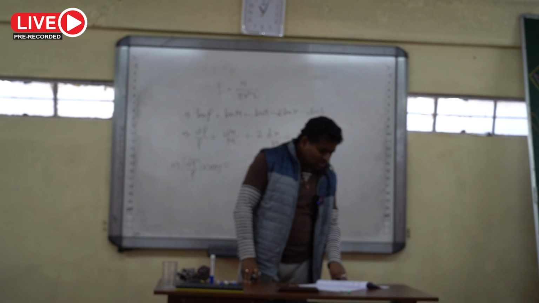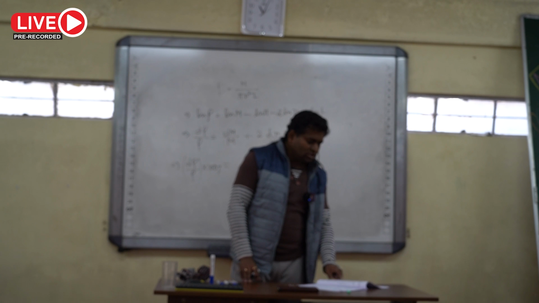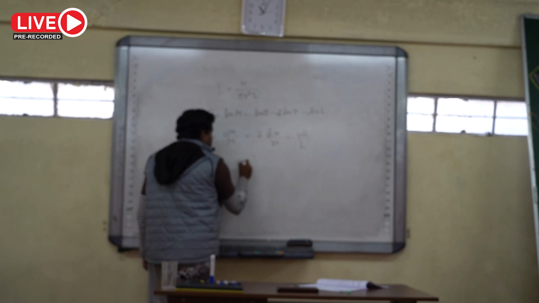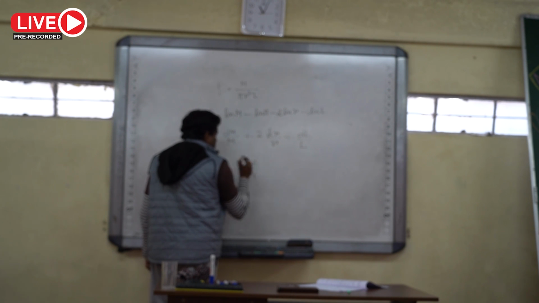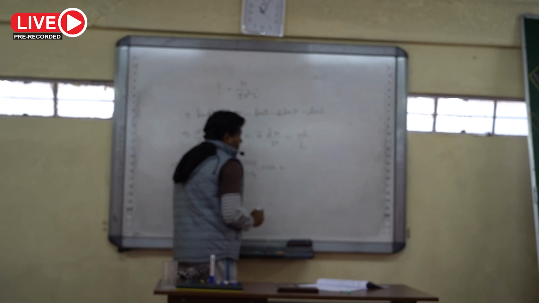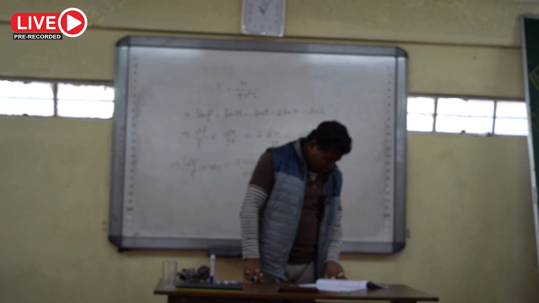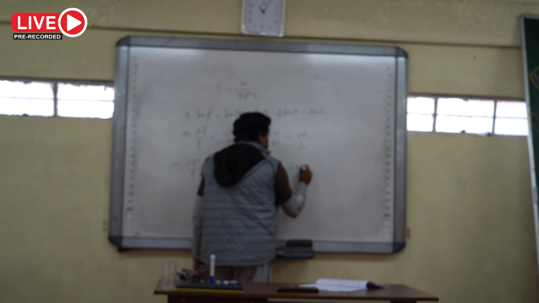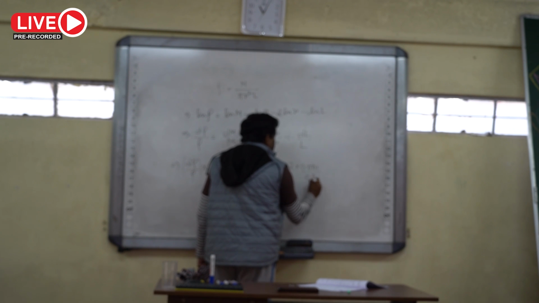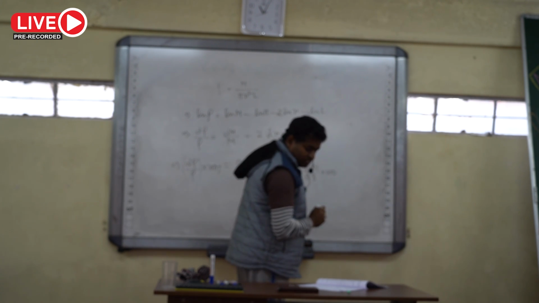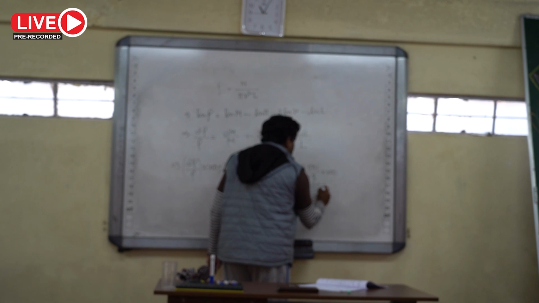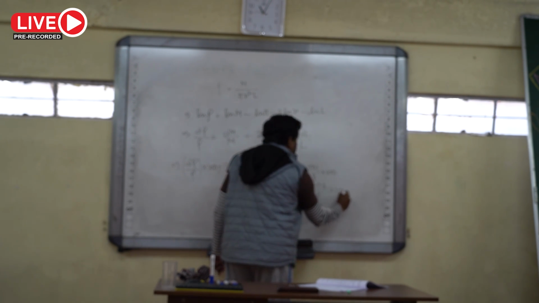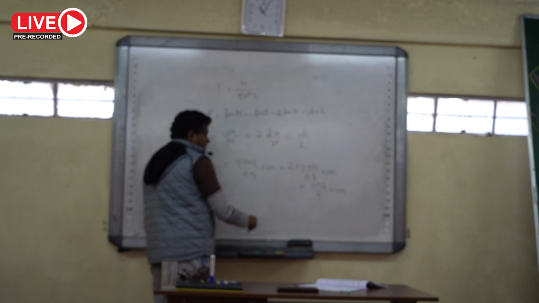Initial values are also given with mass, so that will be 0.002 by 0.4 into 100, plus for the radius it will be 2 into 0.001 by 0.3 into 100, plus dl by L, that is 0.02 by 5 into 100, and then calculate the percentage error.